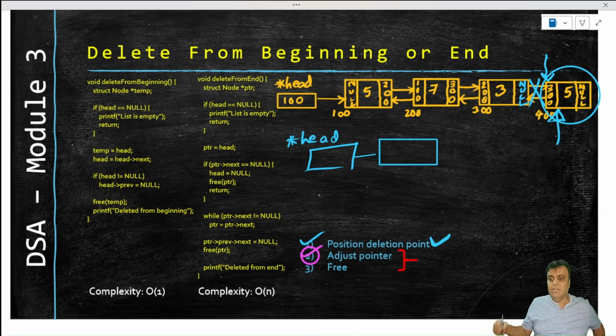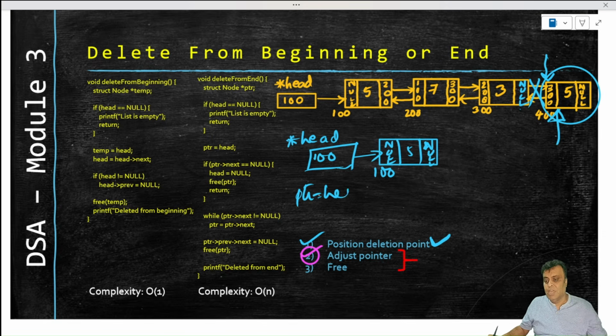For deletion, our special case is when head is pointing to the one and only element. So this is 100, and this is null, and this is, let's say, 5, and this is also null. Then what will happen? Our pointer, which was equal to our head, will have pointer arrow next equal to null. So it is checking whether pointer arrow next is equal to null.